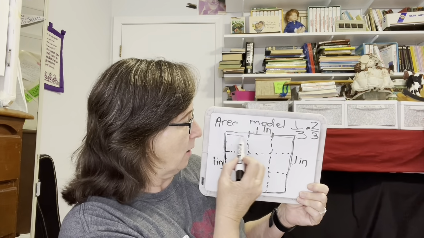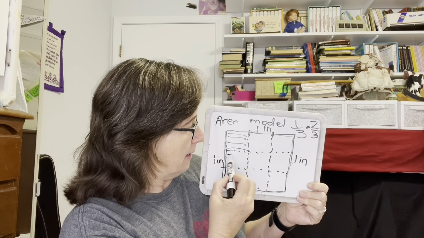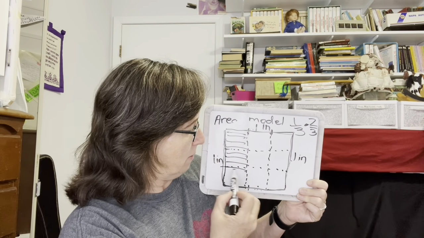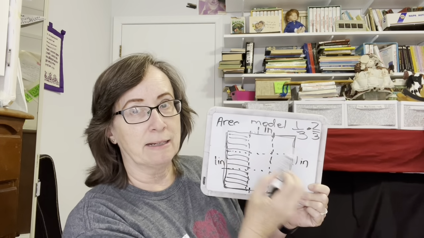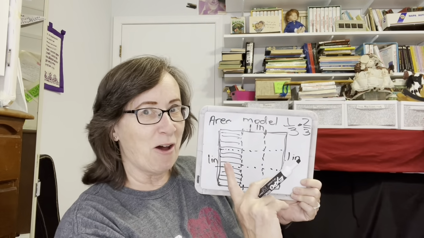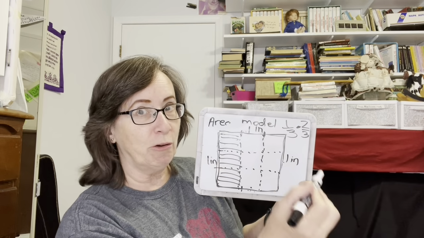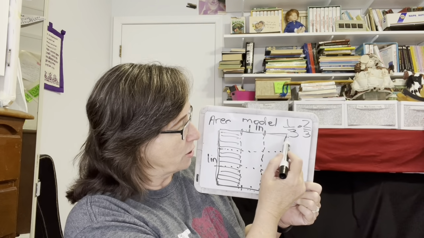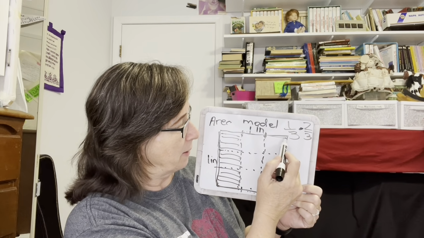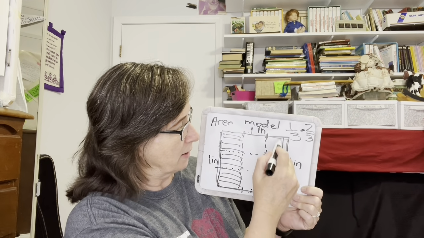So I'm going to take 1/3 and say 1/3 of this side. Okay, now I'm going to take 2/3 of this side over here. So 2/3 of this side is going to be going this direction.